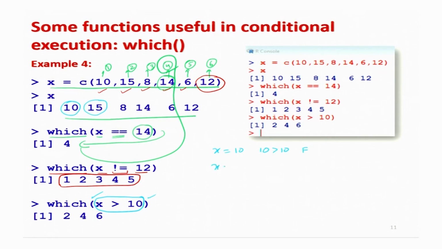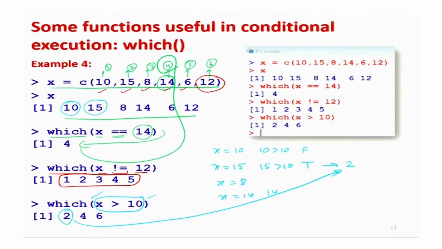Then it comes to the next value, x equal to 15, and it checks 15 is greater than 10, answer is true. So, it will report the position of the number 15, and the position is 2. So, this 2 is going to be reported here, and similarly it will go for x equal to 8, x equal to 14.